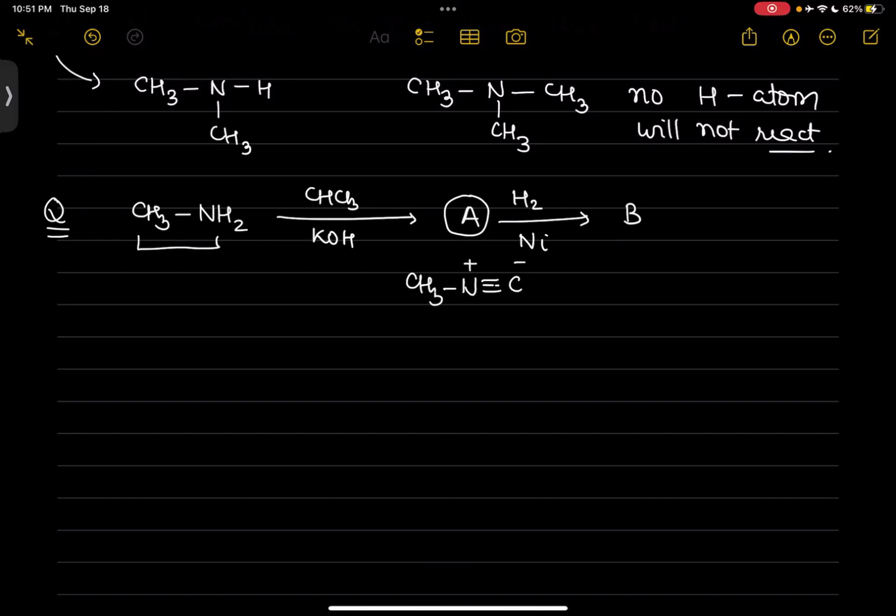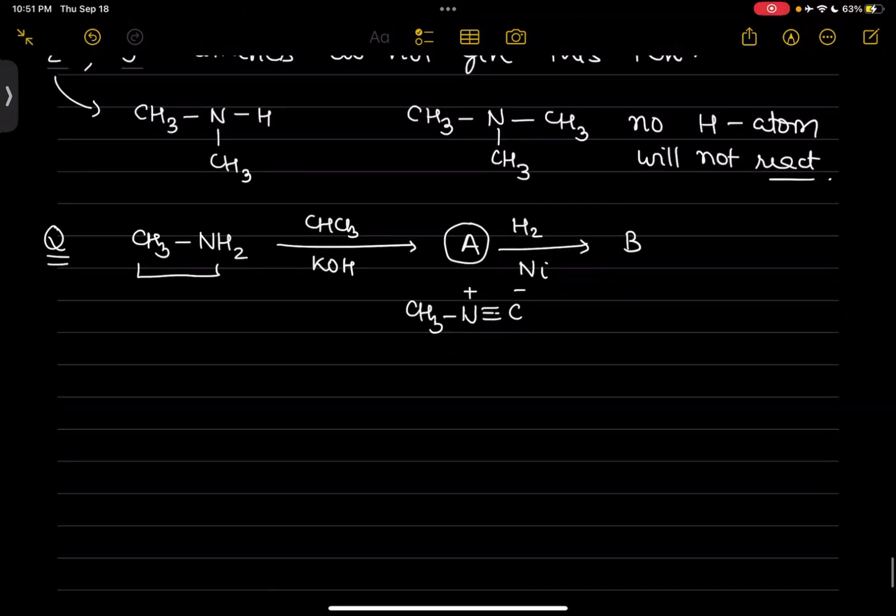In this question, I have written the structure. But if the formula is given, the structure will not be mentioned to you. And if the structure is not mentioned, you can just imagine that it is a primary amine. How can you imagine?